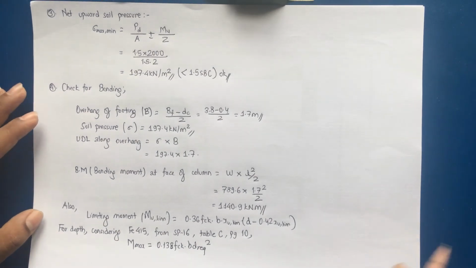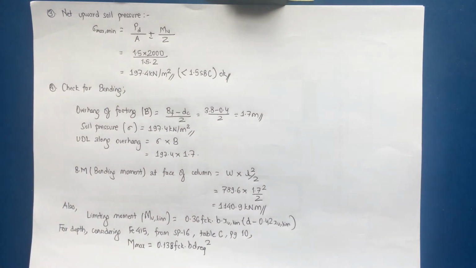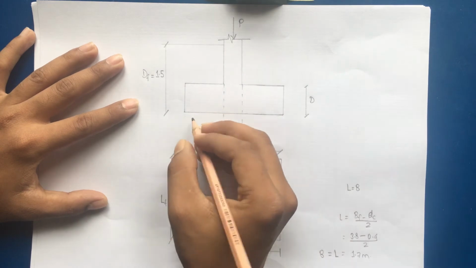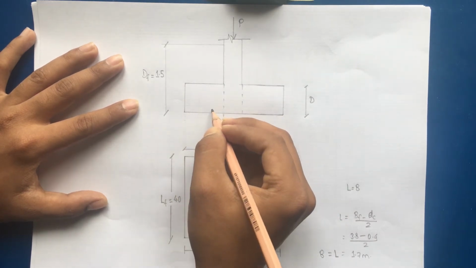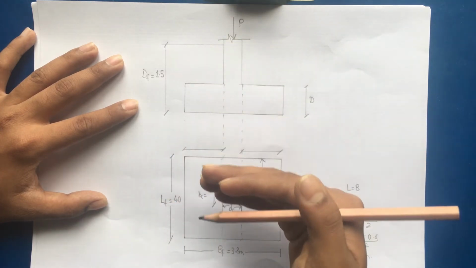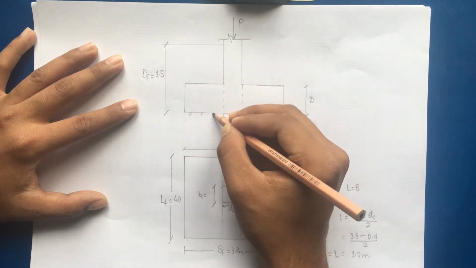Now the next step is to calculate the net upward swell pressure. If we see, this is the base of the footing. As it is resting on the swell, the swell will exert some pressure on the base of the footing.